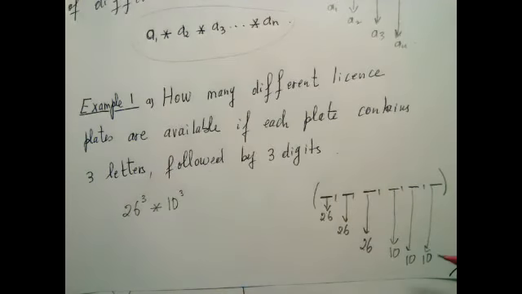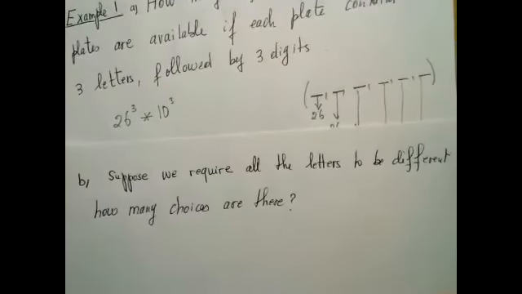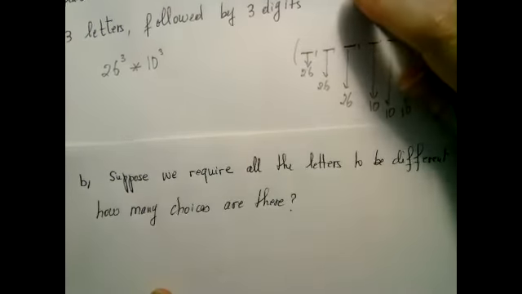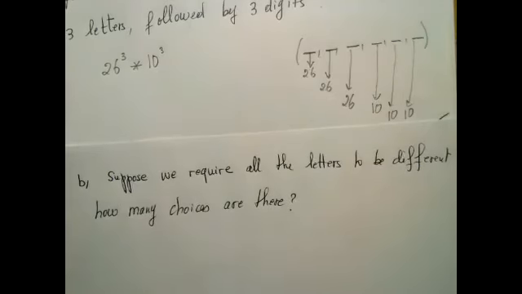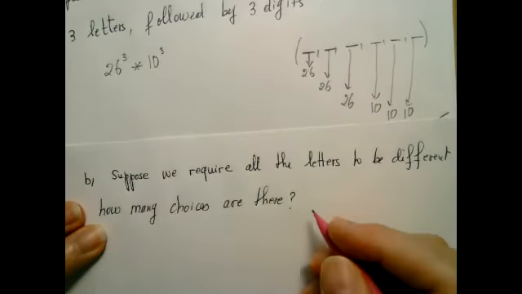Let us say I make a very, very slight variation to the same problem, but now I require all the letters to be different. How will this affect our simple scenario? You would have to do 26 times 25 times 24. Absolutely, we have no choice.